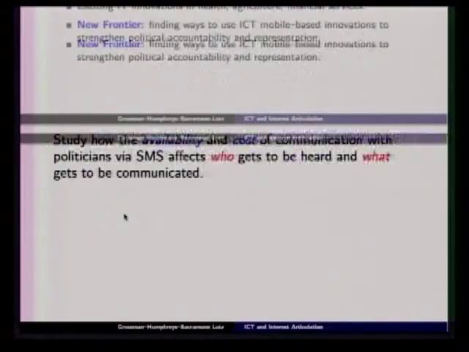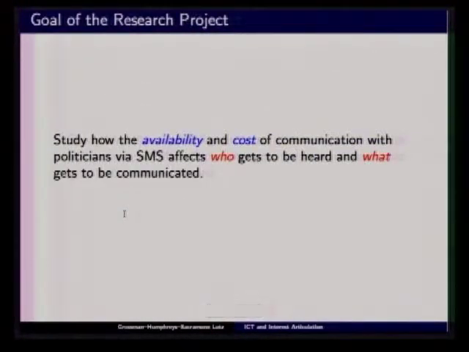And this is the world in which we need to situate this study. Basically, what we're trying to do is to look at what happens when you increase the availability of communication platforms. So we're going to be studying how the availability and the cost of communicating with one's MP using SMS technology will affect both who gets to be heard and what gets to be communicated.